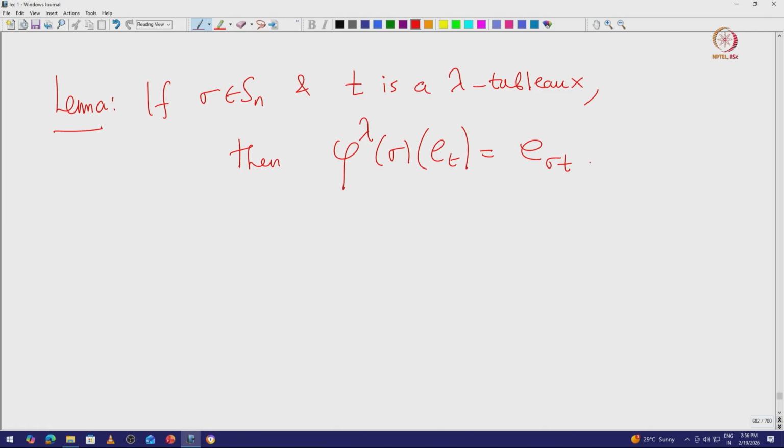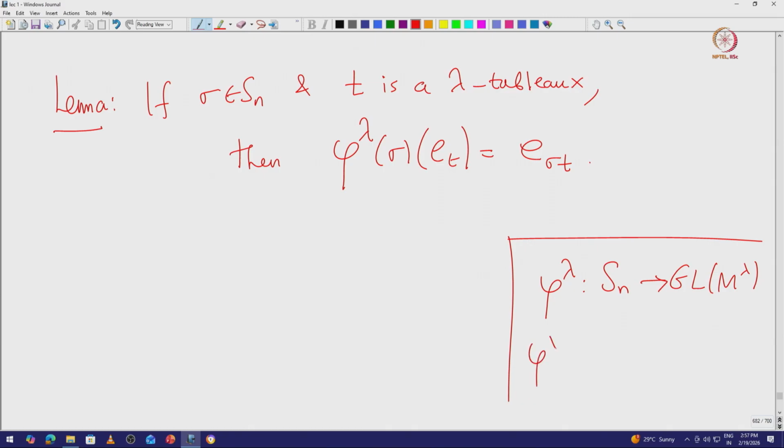So basically sigma just permutes all these E_t. This is how we realize that we have the induced action on this S^lambda. Note that phi^lambda is the action that we have defined on this M^lambda, and this lemma immediately implies that phi^lambda restricted to this S^lambda is going to give us an action.